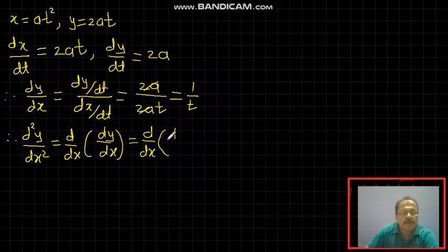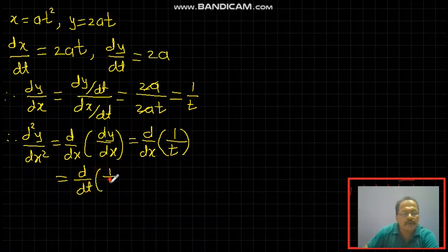So d by dx of 1 upon t equals, now the derivative of 1 by t with respect to x, we are going to use the chain rule: d by dt of 1 by t into dt by dx.